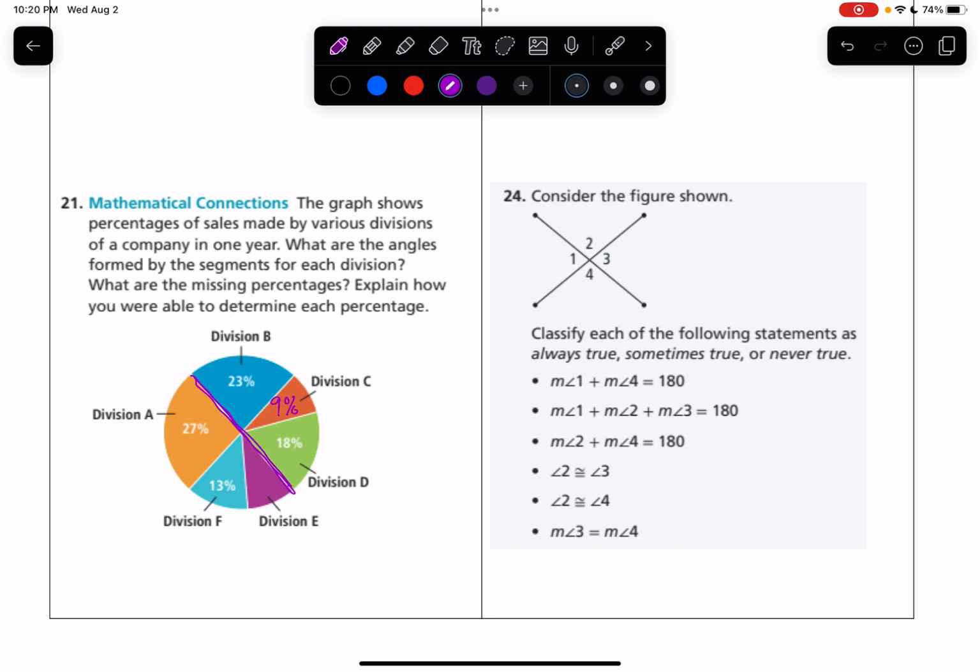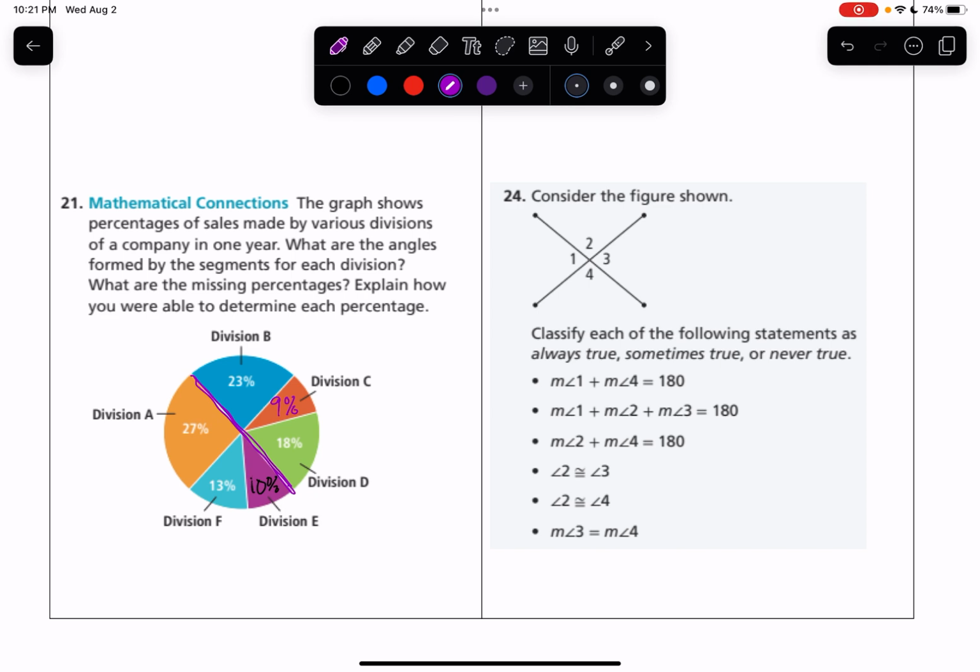And I can do the same thing over here for division E. If I know that this side of my pie chart has 50% in it, I can do 50 minus 27 minus 13, and I get 10. So I know that division E has 10% in it.